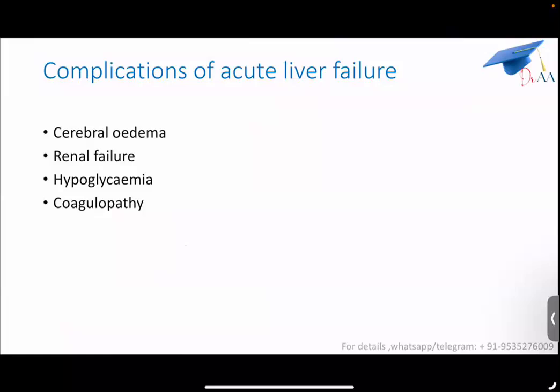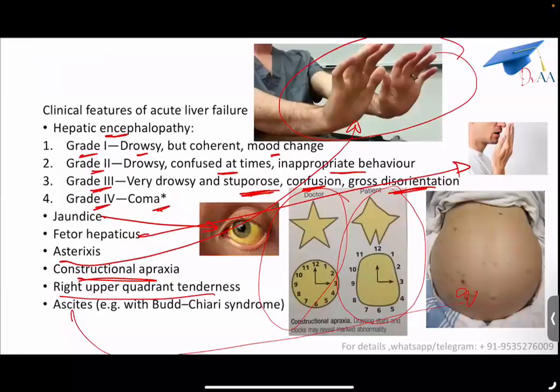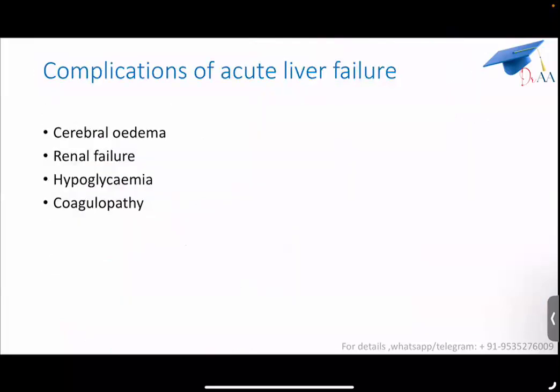Again, they develop over a longer time, and that's the reason it's not important from an emergency point of view. What are the complications? Patients presenting with complications are important. They can present with cerebral edema, renal failure, recurrent episodes of hypoglycemia, and coagulopathies. Why coagulopathy? Why hypoglycemia? Why renal failure? Why cerebral edema?